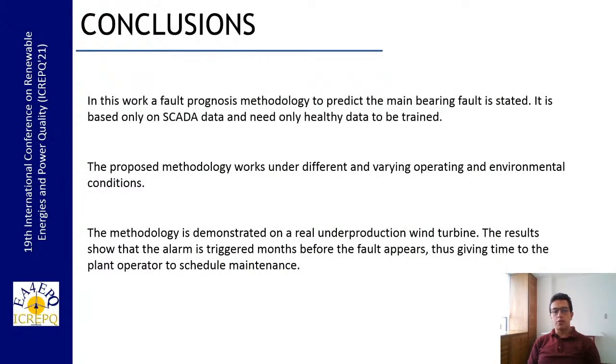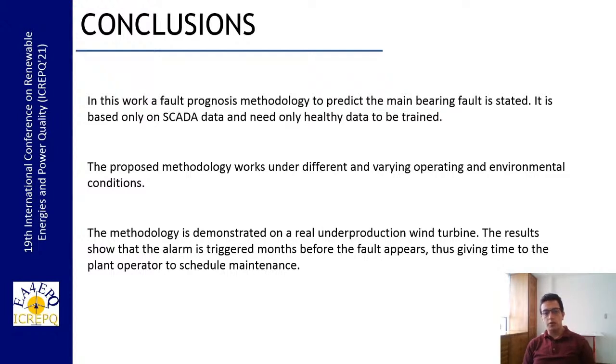As conclusions, in this work a fault prognosis methodology to predict the main bearing fault is stated. It is based only on SCADA data and needs only healthy data to be trained. Another conclusion is that the proposed methodology works under different and varying operating and environmental conditions.